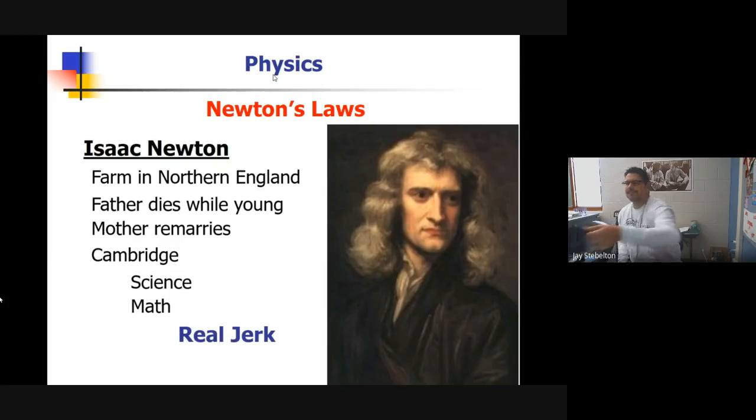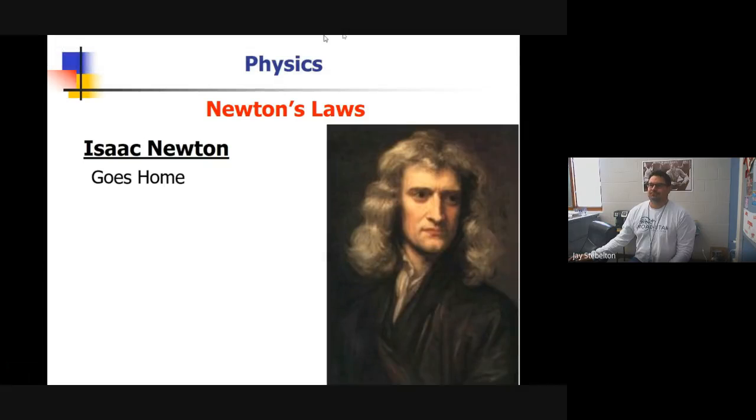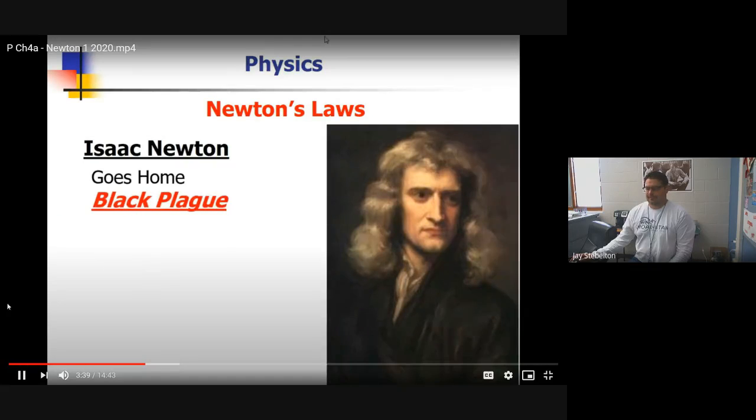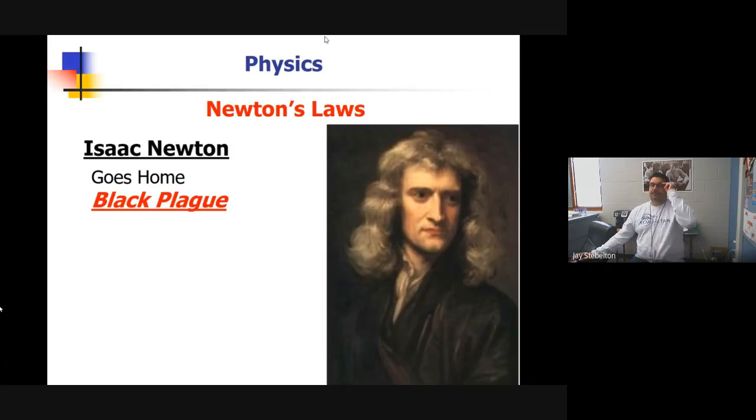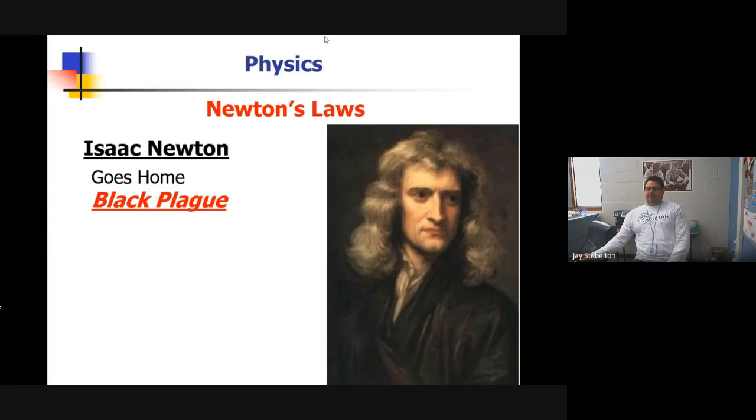Oh, he is smart and he knows it, and he lords that over everybody who's lording their positions over him. When he graduates, he expects to be made a professor at Cambridge, but, well, nobody can much stand him, so they send him home just in time for the Black Plague. Again? Once again, the Black Plague plays a role in our story. Well, all the people who could get out of London did get out of London.